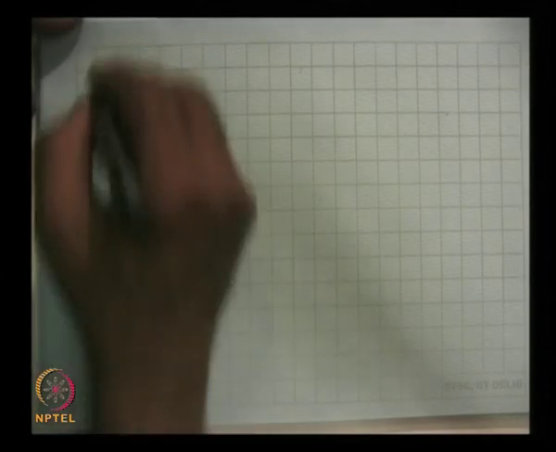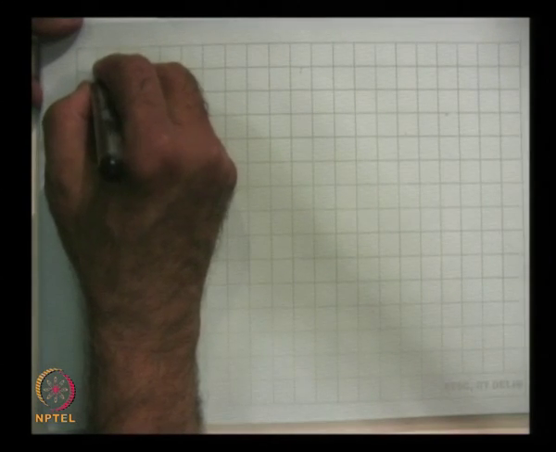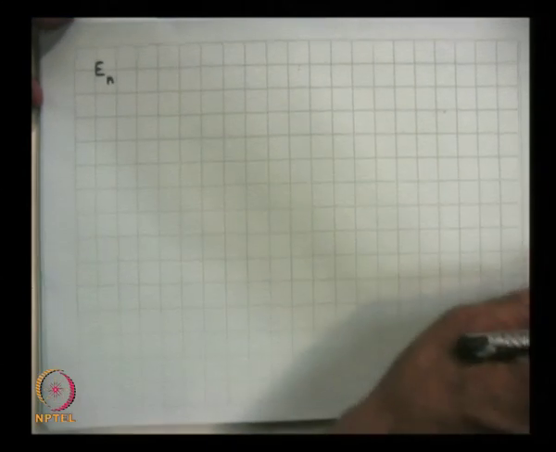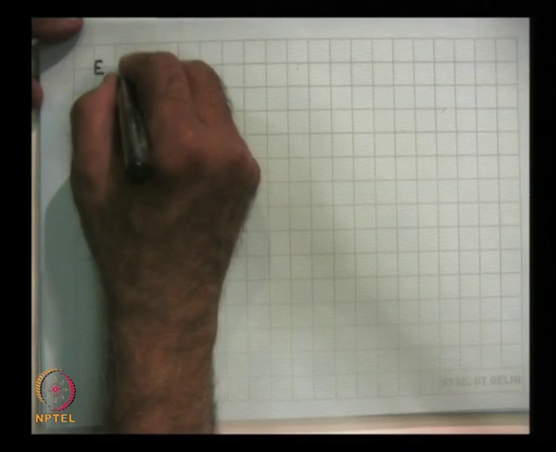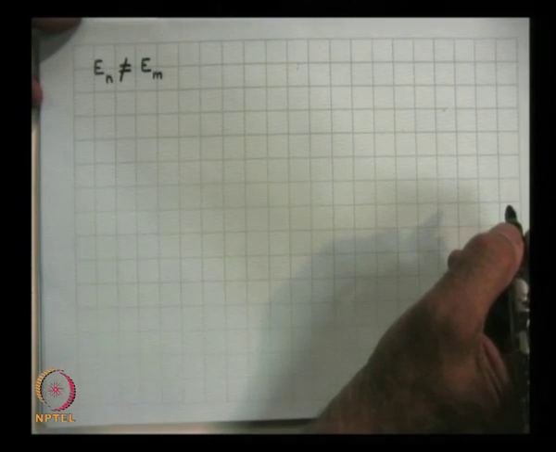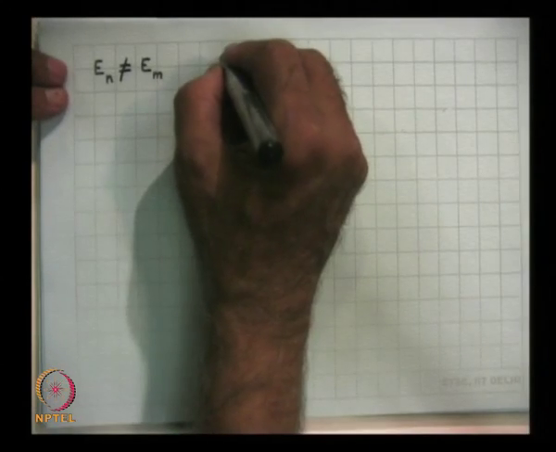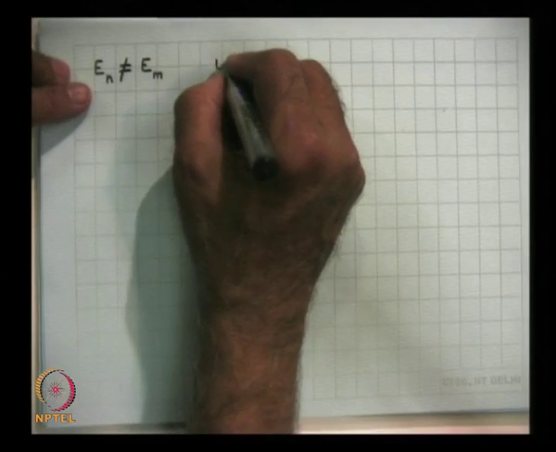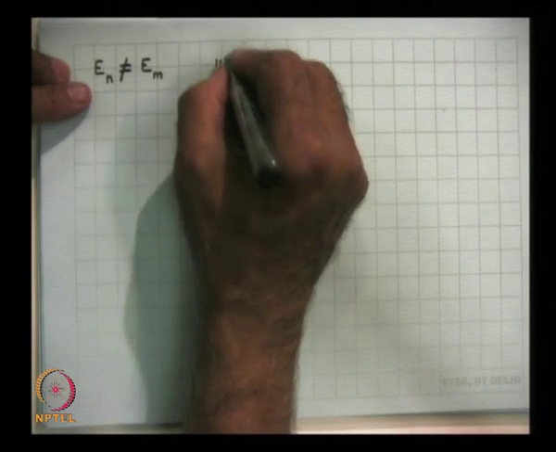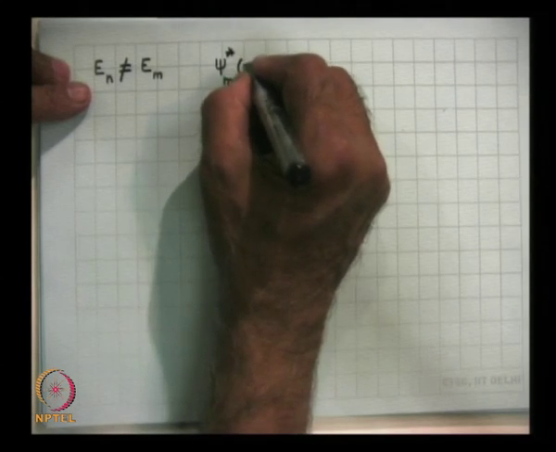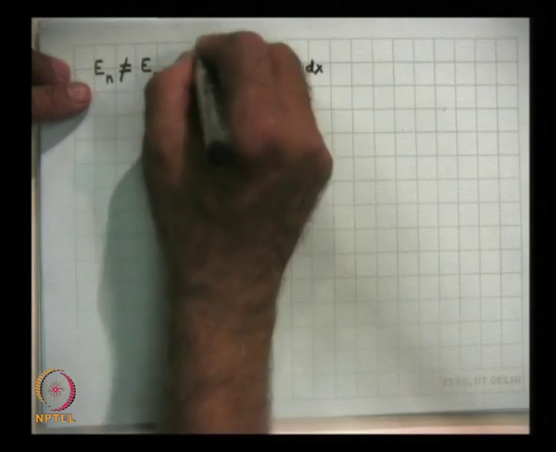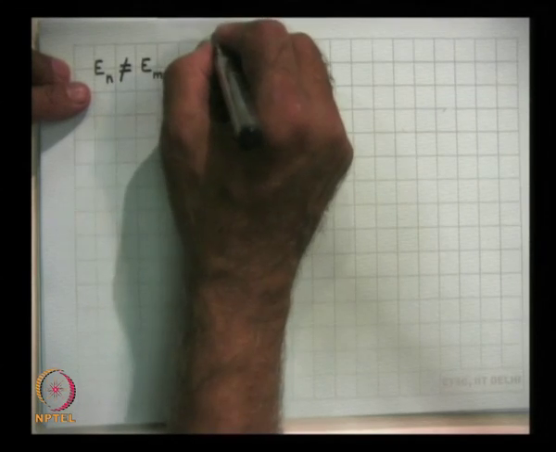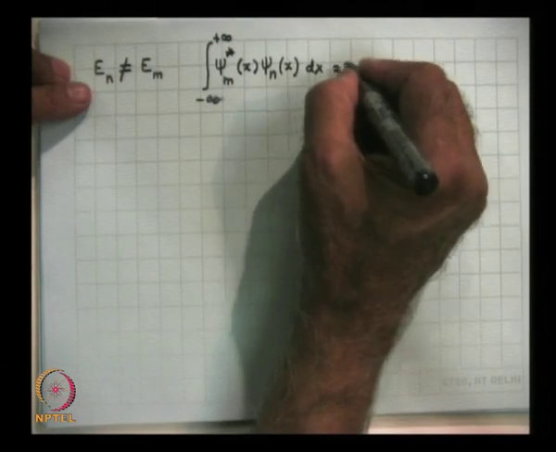What we will next prove is that if there are two eigenvalues E n and E m, and if these two are not equal, then the corresponding wave functions psi n and psi m satisfy the integral of psi m star of x psi n of x dx, taken between minus infinity to plus infinity, equal to 0.